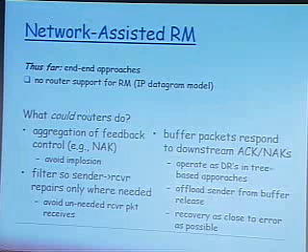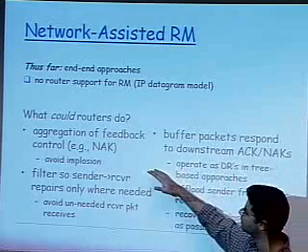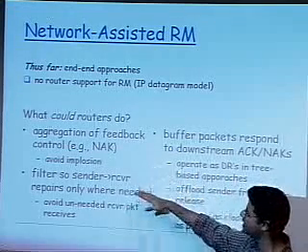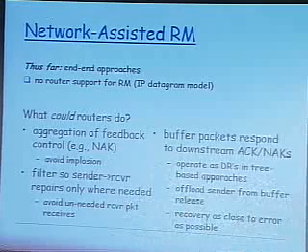So in network assisted reliable multicast, again that has not been really implemented on the internet, routers could help by aggregating these control messages. They can filter the repair messages.